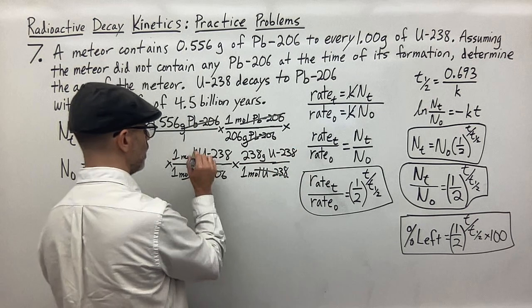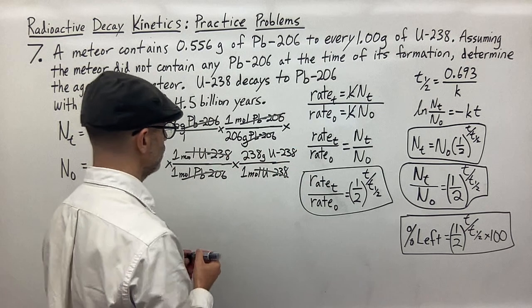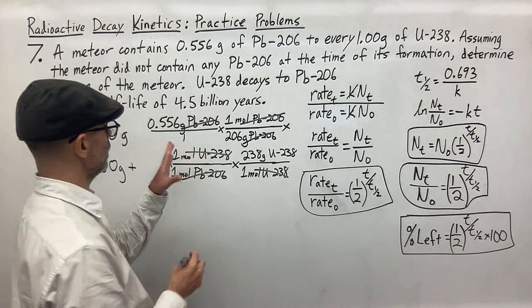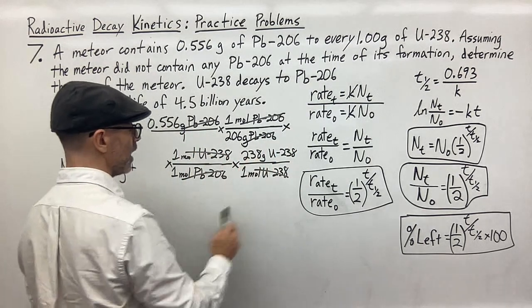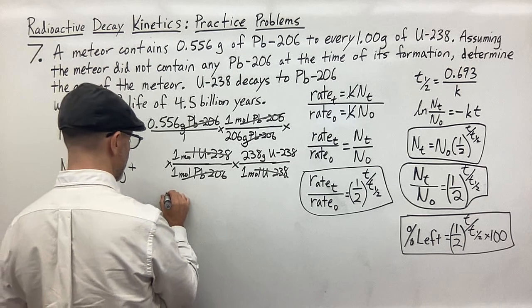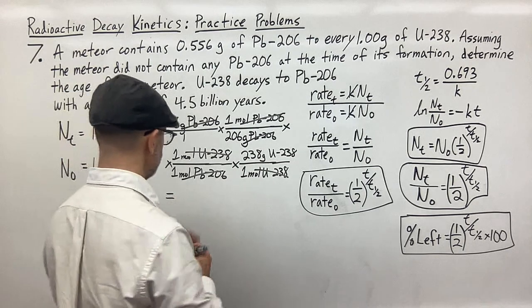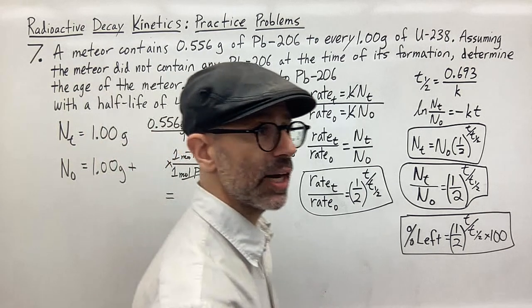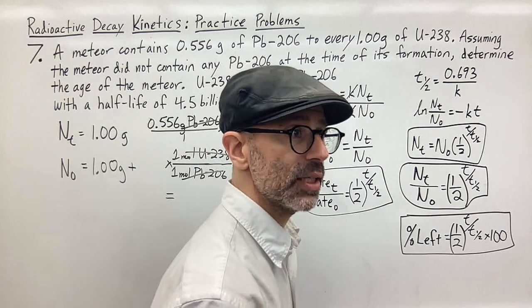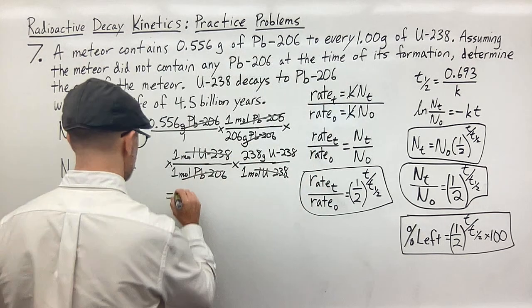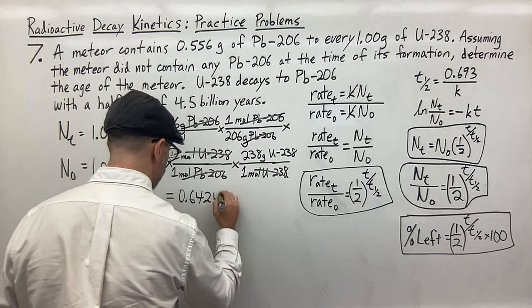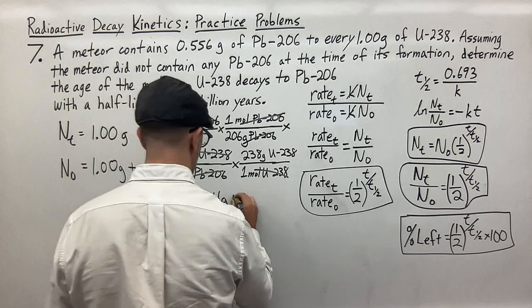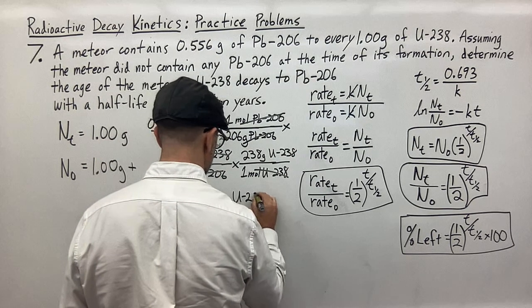So moles of U-238 cancel out. Now I can multiply across the top, divide by what's on the bottom, and when I do that, I get grams of U-238, and the number of grams is 0.6424 grams of uranium 238.